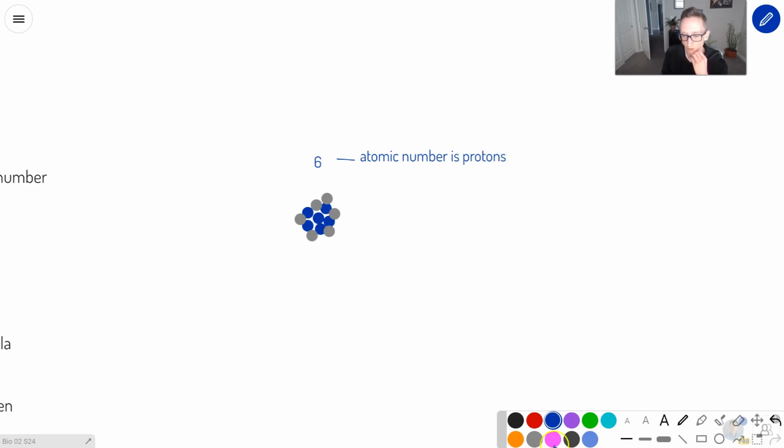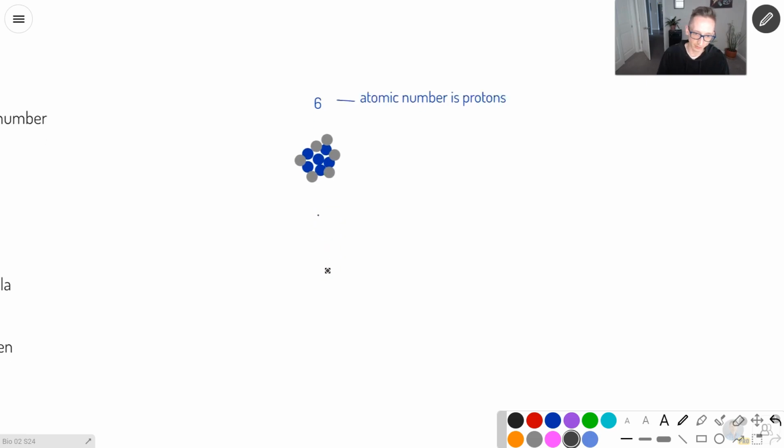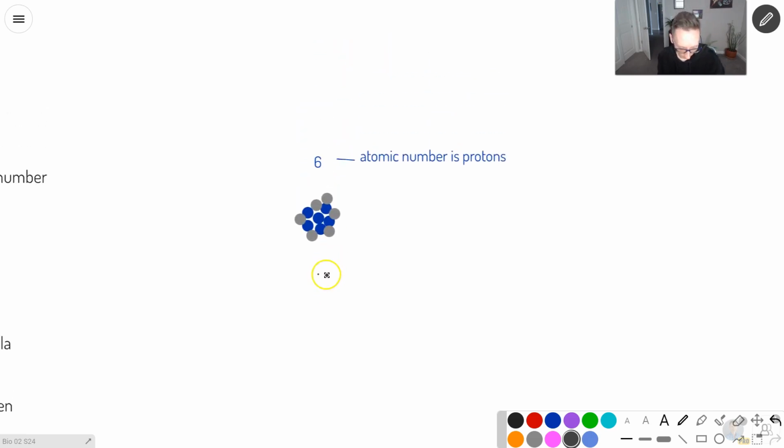All right, and our atomic weight was the weight of our protons essentially plus the weight of our neutrons. So we have 6 plus 6, so our atomic mass would be 12. It's tripping me up. So our atomic mass is the mass of protons plus neutrons.